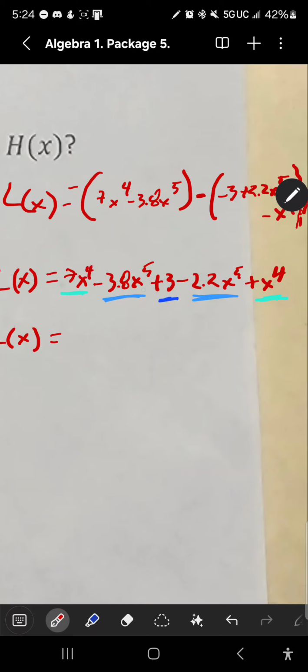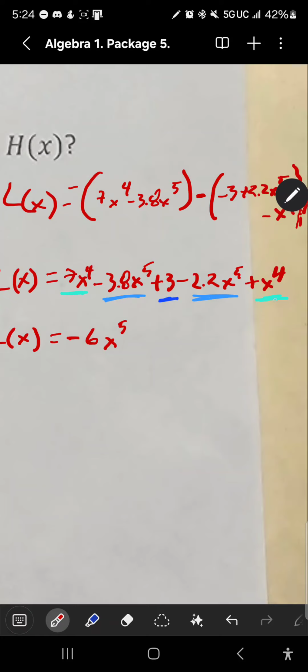They both have the same sign, so I'm going to keep it, and my answer is going to be negative. Now I'm just going to add them because they have the same sign. So 3.8 plus 2.2 is 6.0, or just 6x to the 5.